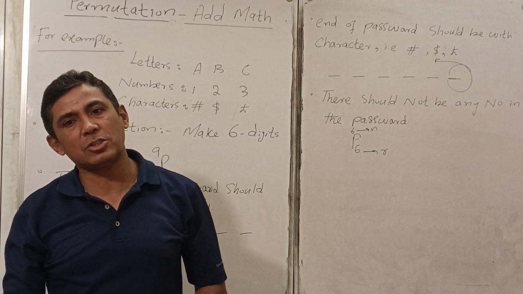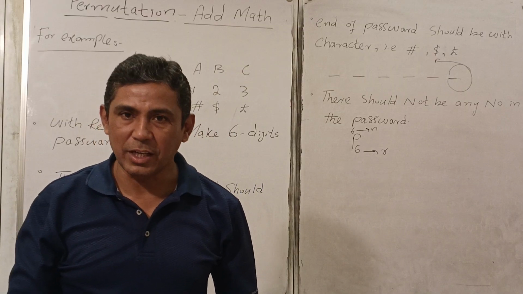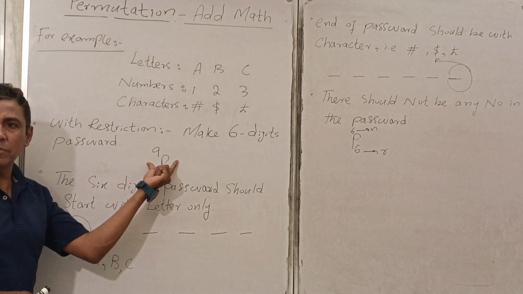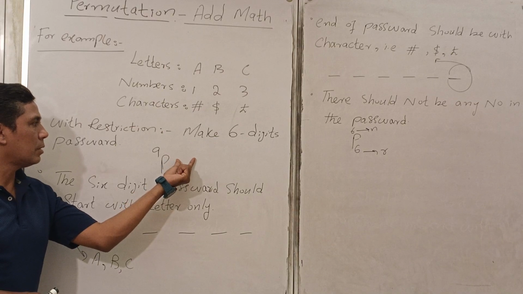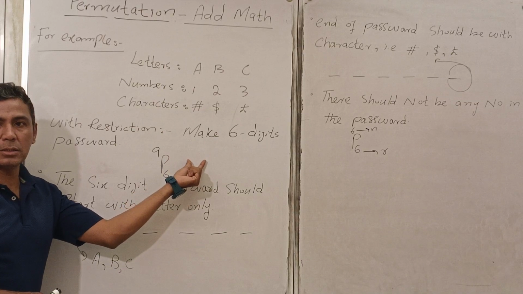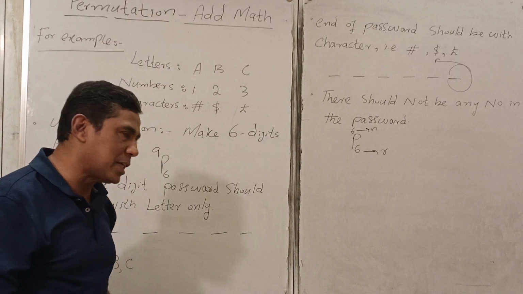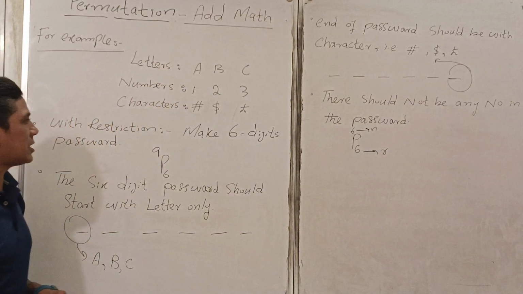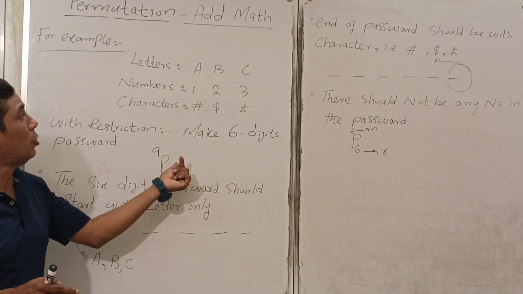Now I will solve without characters. सही है? First of all, that is total outcomes. Total possible ways. If I subtract without characters, what is it? 6P6, so without characters is 6P6.